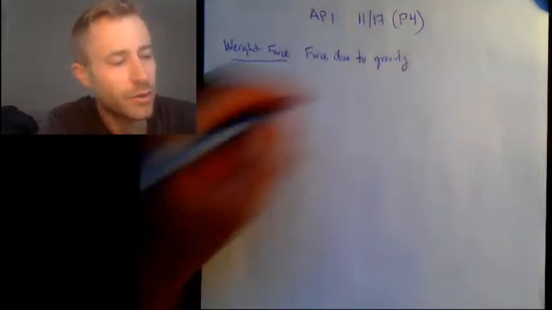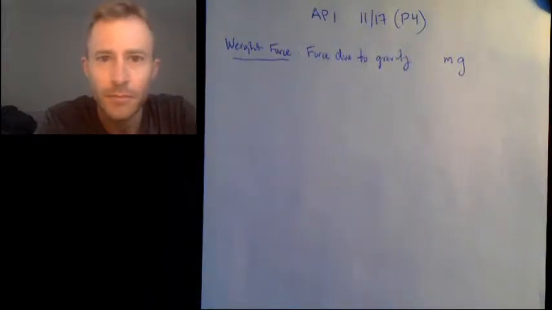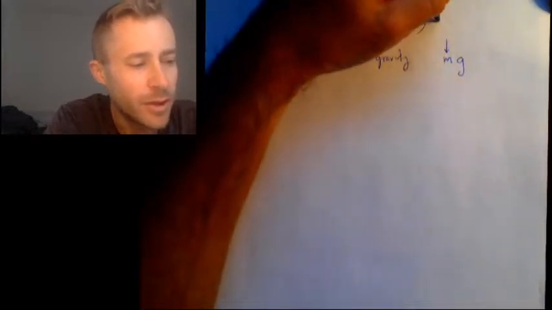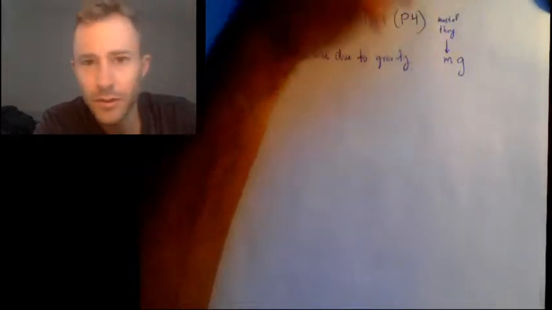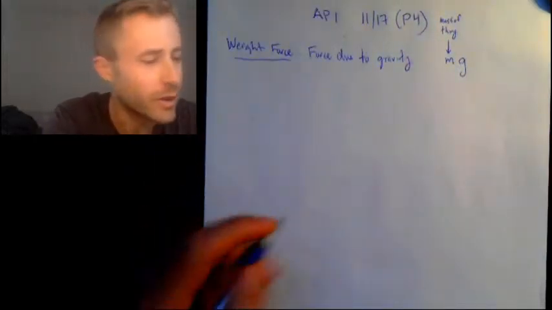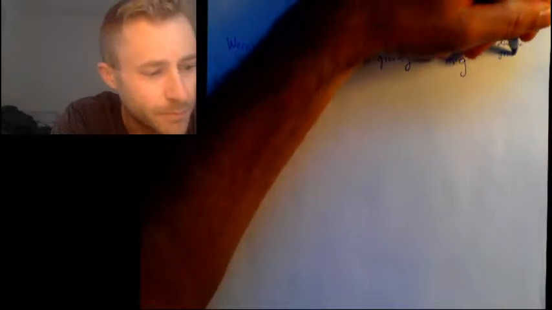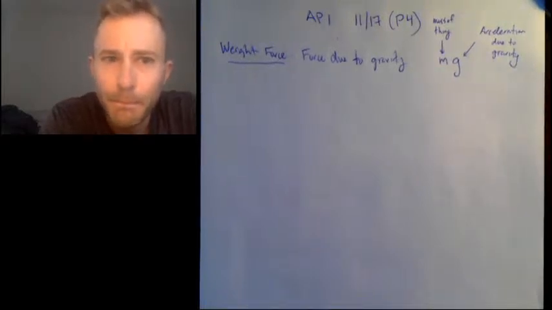Okay, and its value is m times g, where m is the mass of the thing that is experiencing the gravitational force, and g is the acceleration due to gravity.